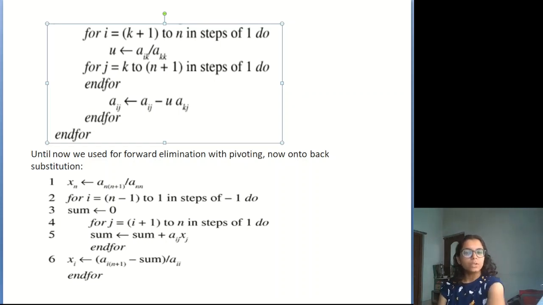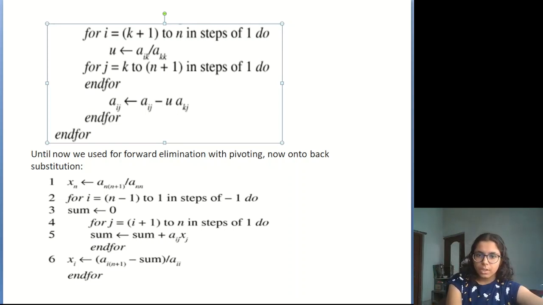So x n equals a n, n plus 1 divided by a n n, and you can see here the whole back substitution method is given. With this we solve the whole question number 2a, which was Gauss elimination with pivoting.